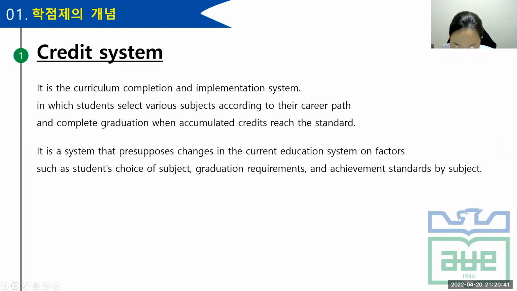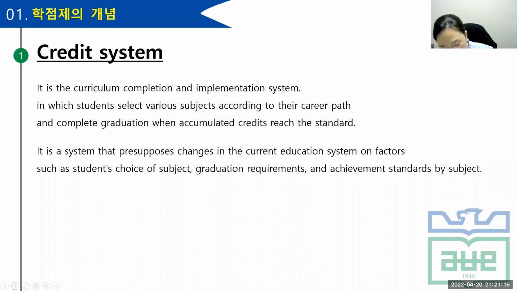It is a kind of system that presupposes changes in the current education system on factors such as students' choice of subject and graduation requirements and achievement standard by subject. And also, if the school curriculum is organized and operated by this system, students will be able to fully demonstrate their potential and capability and perform learning.